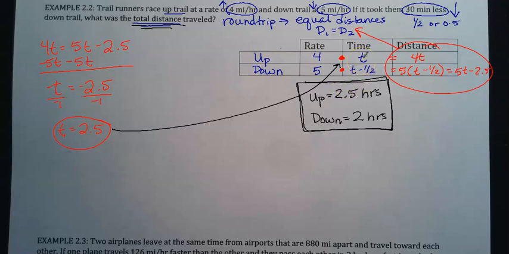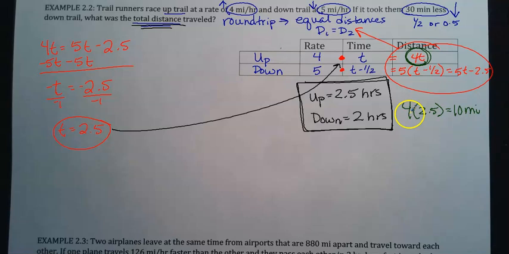So how do we find the distance that we traveled? Well, our distance is 4 times t. Here our t is 2.5. So 4 times 2.5 equals 10. And that would be miles, because we've got miles per hour.